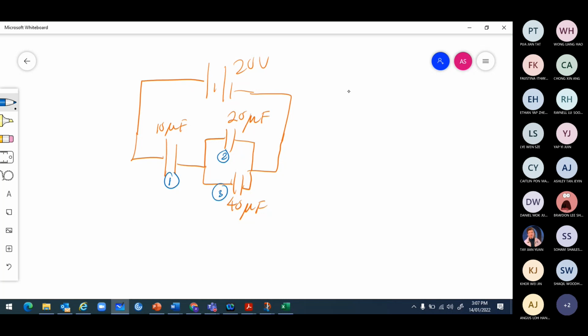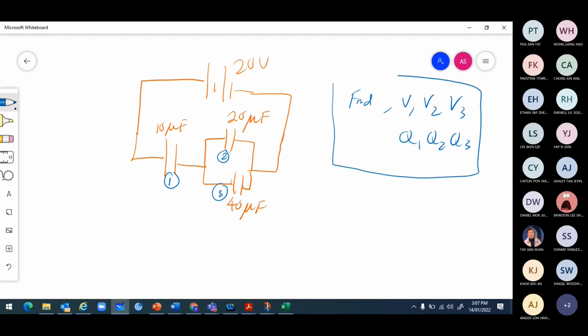Now I want you to find V1, V2, V3, Q1, Q2, Q3 for these capacitors, in any sequence you feel is right. Maybe you think Q2 can be found first, or it depends. So any sequence.